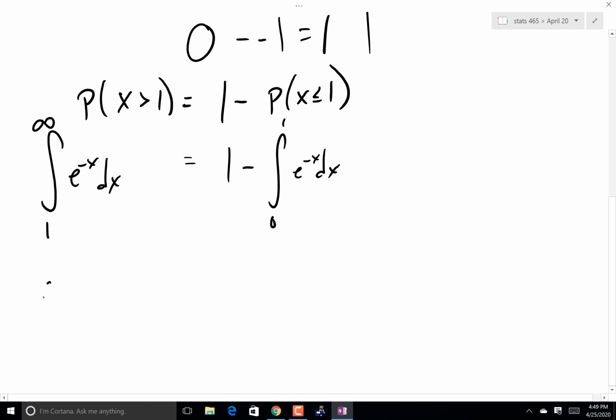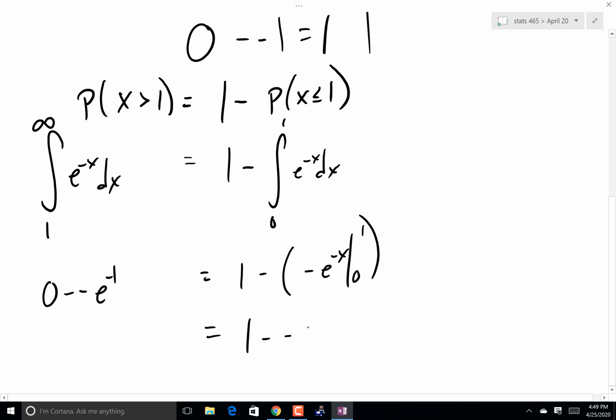So if you did this, it's going to be 0 minus a minus e to the negative 1. On this side over here, when you integrate, you're going to end up with 1 minus parentheses, and then inside you're going to have negative e to the negative x from 0 to 1.